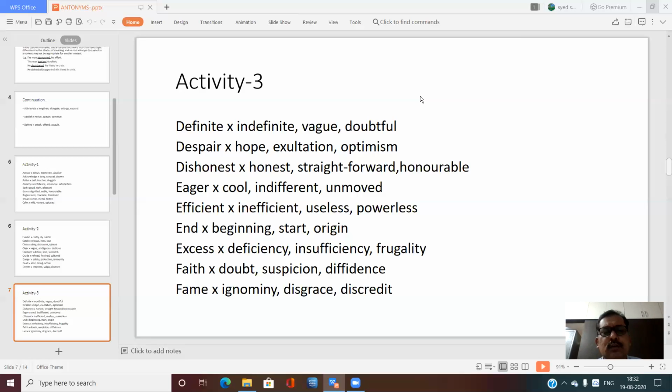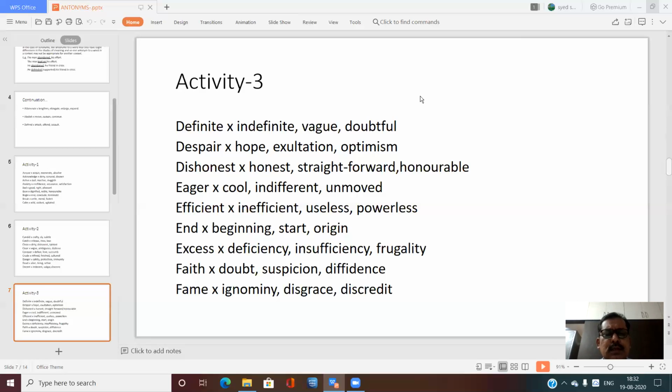Eager, opposite word could be insincere. Efficient, opposite words: inefficient, useless, powerless. Next, end, opposite words: beginning, start, origin.